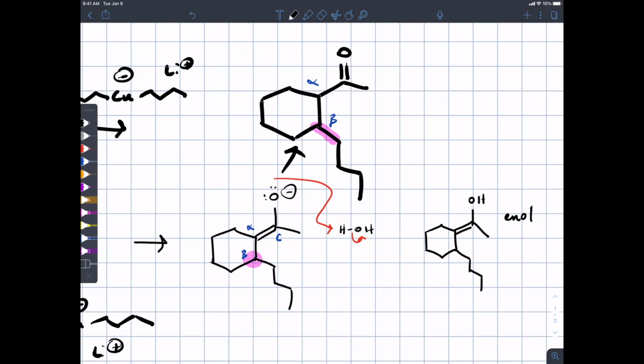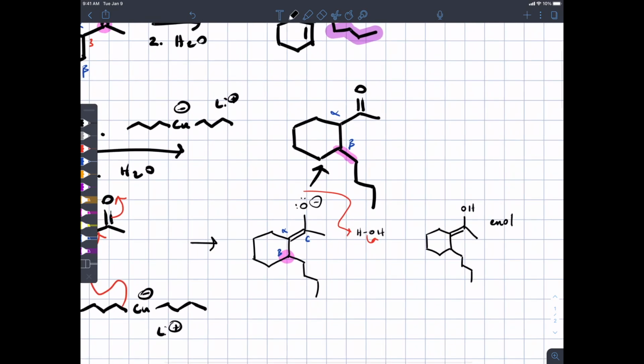Okay. Did you learn about tautomerization last semester a little bit? Okay. So you know that carbon-carbon double bonds are not as stable as carbon-oxygen double bonds. So you're comfortable, hopefully, with the idea of this equilibrium, where tautomerizing means to change the position of a double bond and the position of a hydrogen.